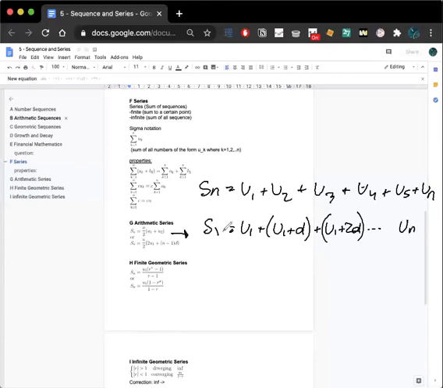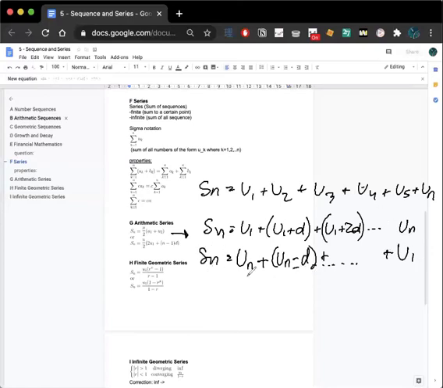We can also flip it so that it's un plus un minus d, etc., until u1.